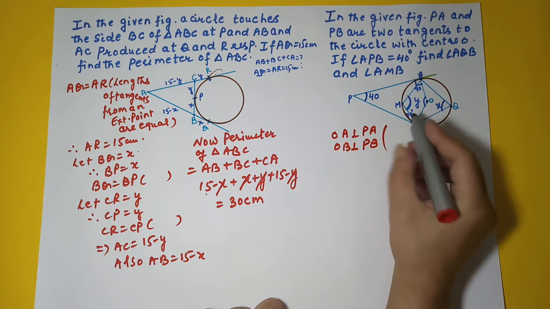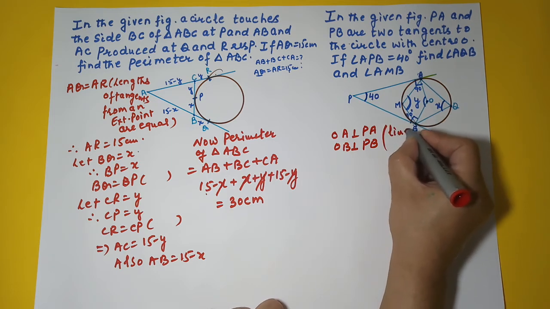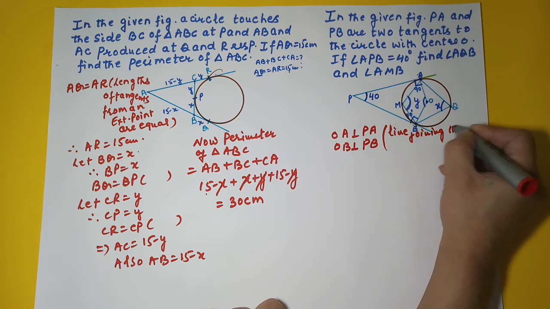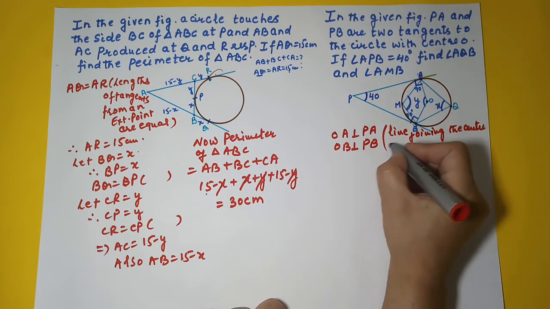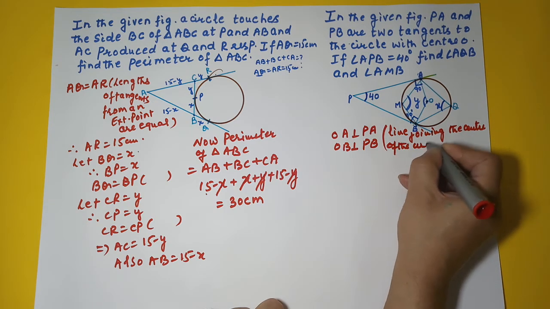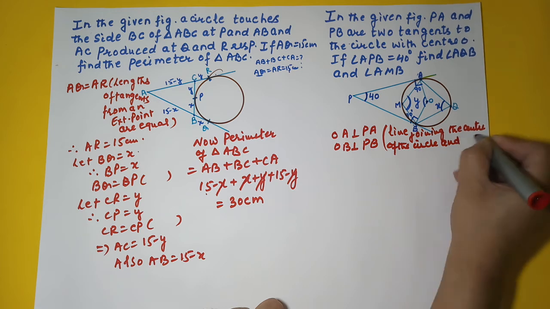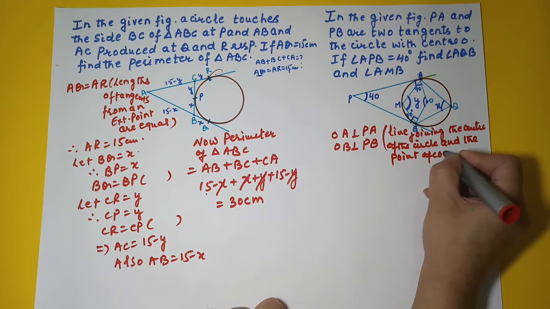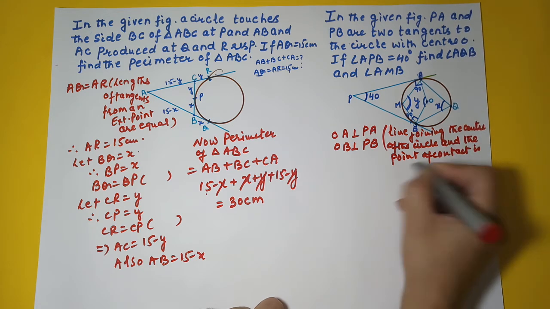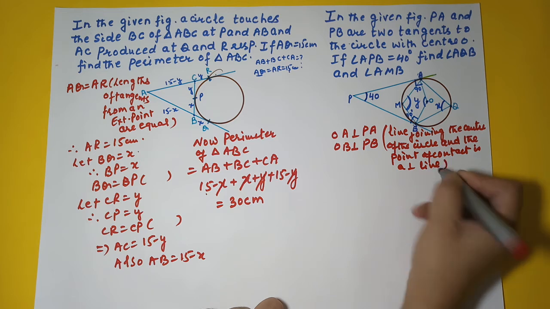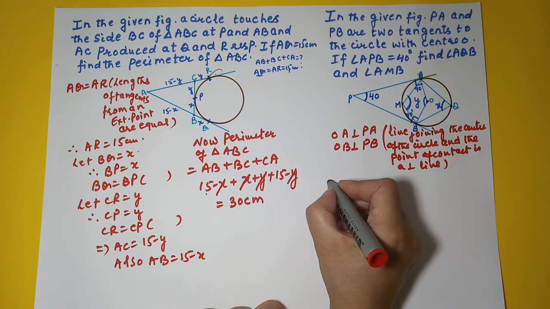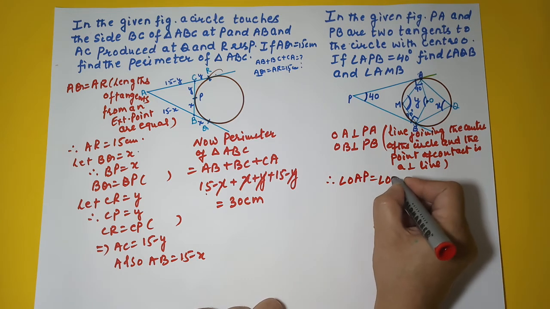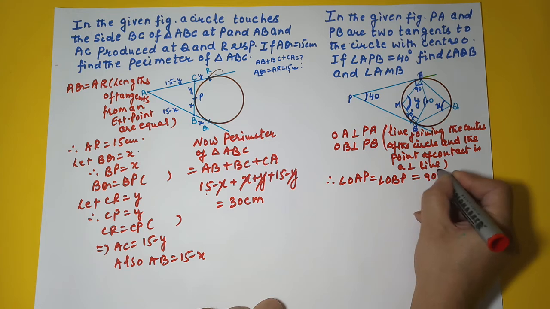You can write the reason that the line joining the center of the circle and the point of contact is a perpendicular line. Therefore, angle OAP is equal to angle OBP is equal to 90 degrees.